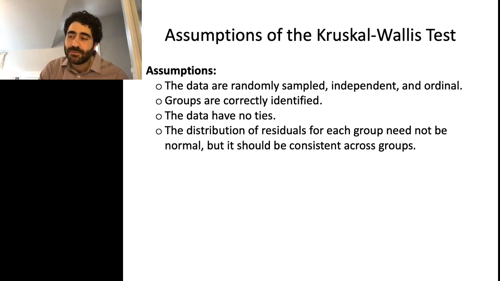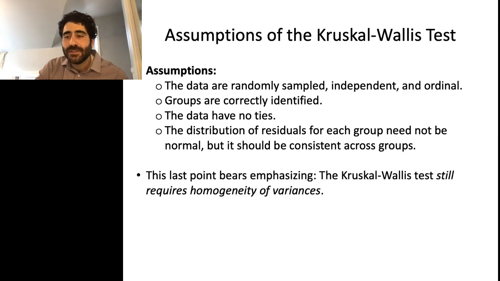Since we're throwing away the exact scale data and just using the ranks, we can get rid of this normality assumption. It is worth noting, though, that we still have this issue about the variances being homogeneous. The variance constraint here is on the ranks: the variation in the ranks needs to be similar across the groups.